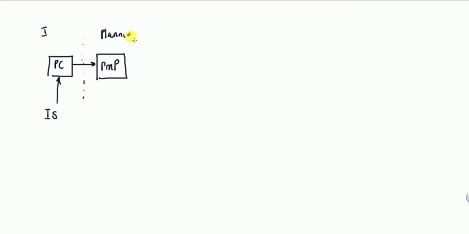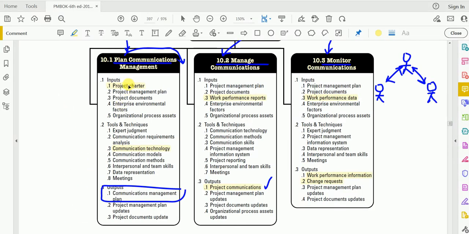Any comments? This plan goes everywhere, isn't it? So 100% for every planning, we should have project charter as the input. That is why you see this project charter here, because this is plan communication management, isn't it?